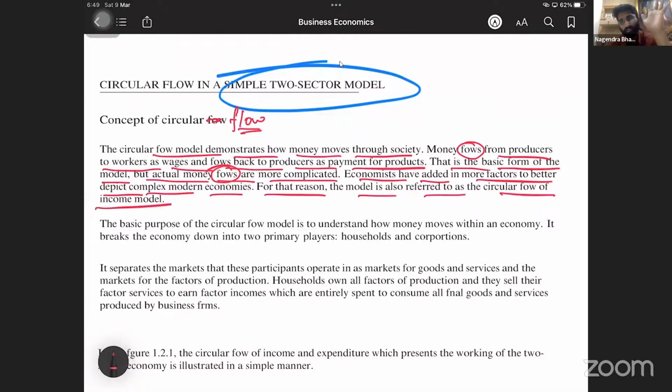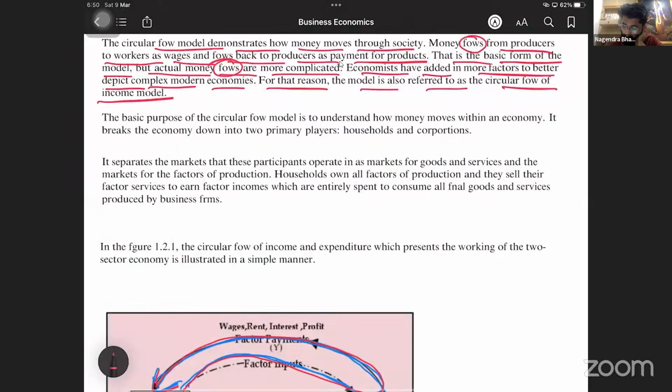So this is just the simplest model, the two-sector model. But for better understanding, we have to go to the three-sector and four-sector models. The basic purpose of the circular flow model is to understand how money moves within an economy.